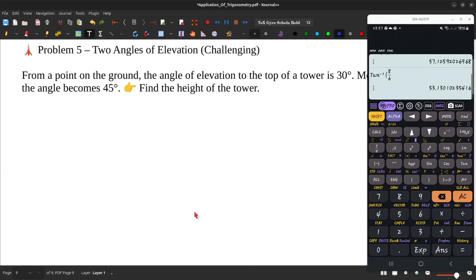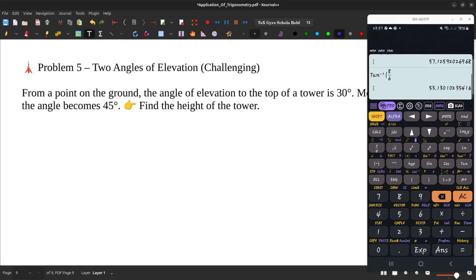Next question, which is problem number 5. Two angles of elevation. From a point on the ground, the angle of elevation to the top of the tower is given. Let's try to draw the ground first. This is our ground, and this is a point on the ground.